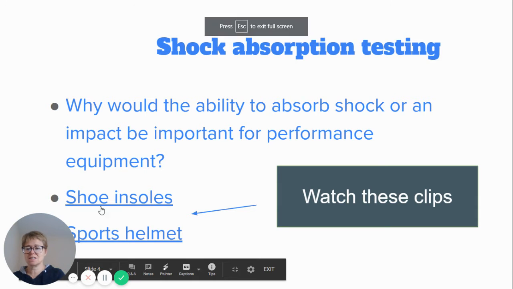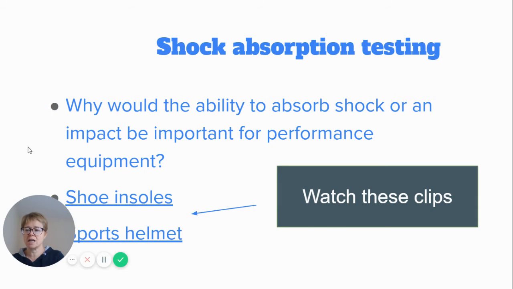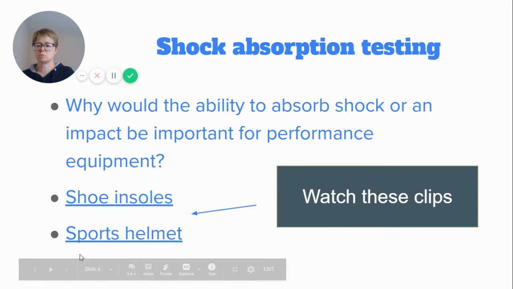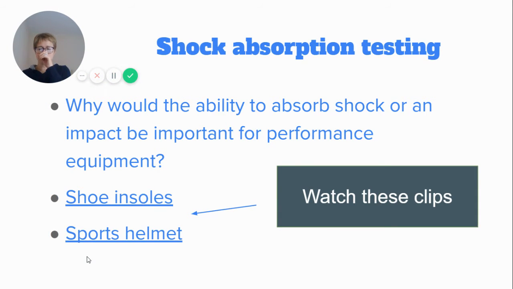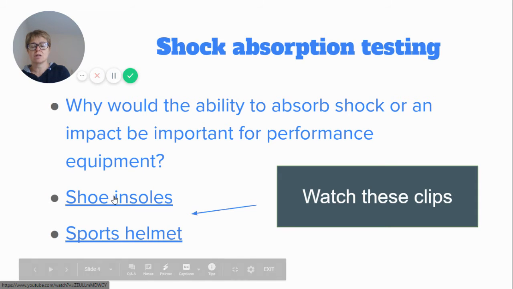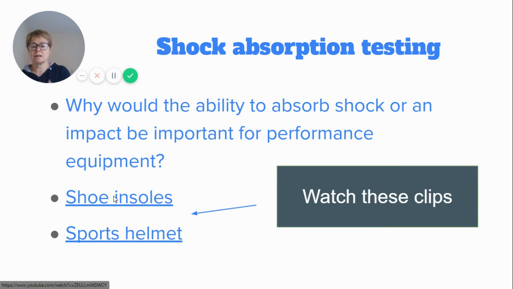Right, shock absorption testing. We've already, in the previous part of the lesson, seen the video on sports helmets, so I won't show you that again, but I'm going to show you this video on shock absorption in shoes, because when you run, for example, it's really important. If you're running long distances regularly, that puts huge forces and shock through your joints.